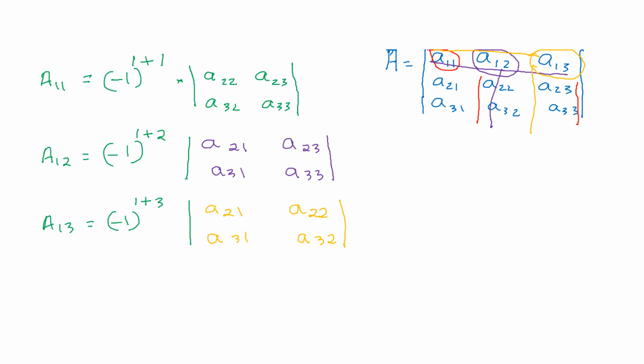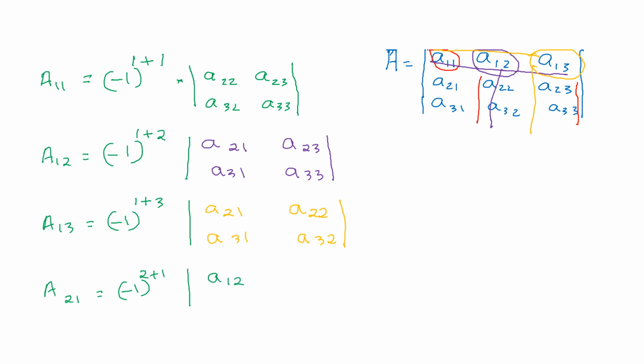Okay, so if I want to write for A21, this is minus 1 to the power 2 plus 1 into minor of A21. Minor of A21 is, you have to exclude the column containing A21 and the row containing A21. So what are you getting?